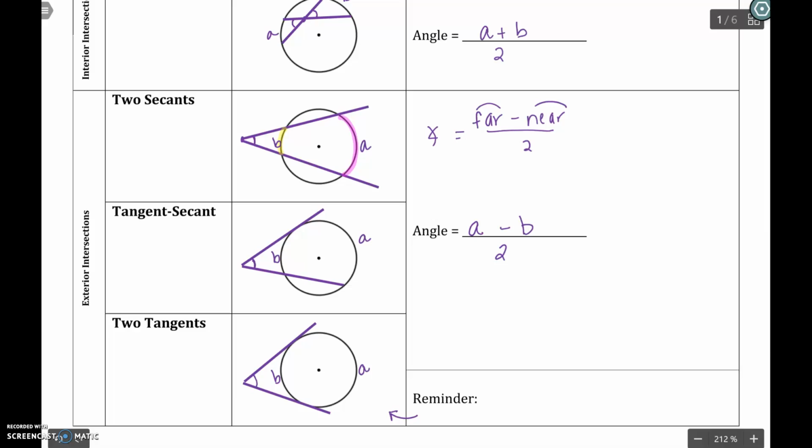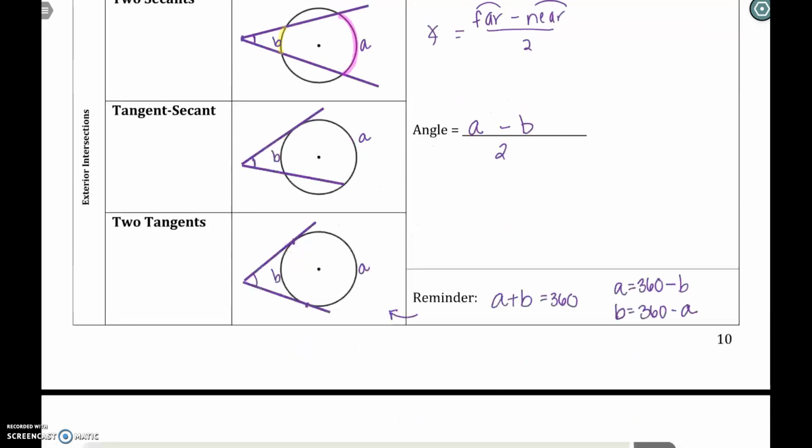Remember for the two tangents that those two arcs, because we're talking about tangents that only touch a circle in one spot, will always add up to 360. So often we would only have one of them, and we'd have to subtract to find the other. Or if one of the variables is on those arcs, then you can use 360 minus B to represent A, or you can use 360 minus A to represent B. So one of those could be helpful in a particular equation.